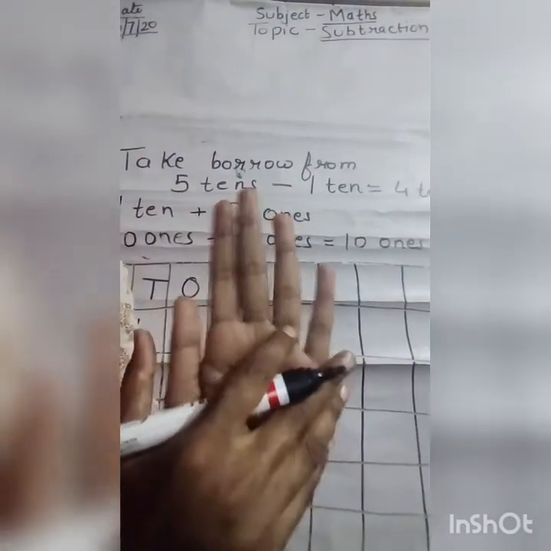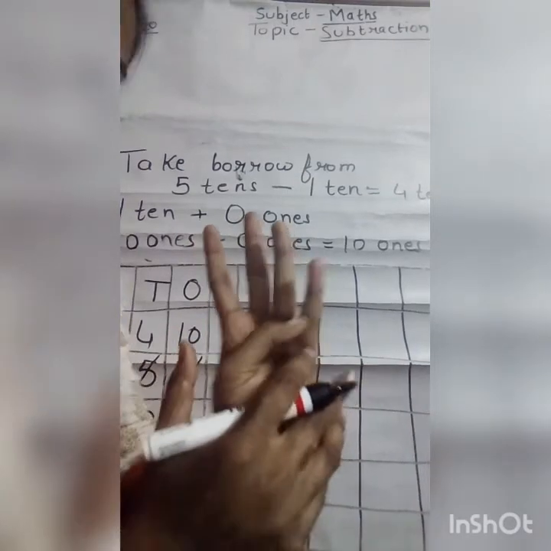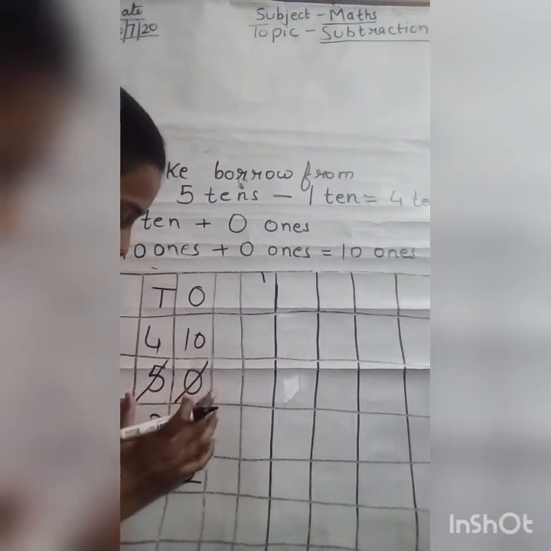Now here is 4. 4 minus 3: 1, 2, 3. How many lines are left? Only 1. So 4 minus 3 is 1. So children, the difference between 50 and 38 is 12.